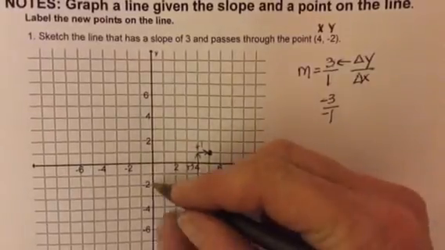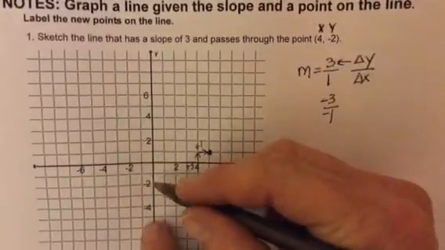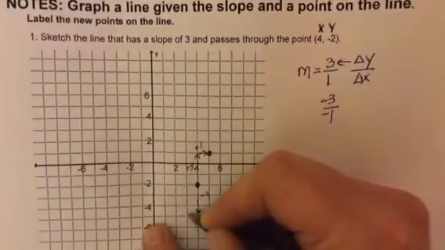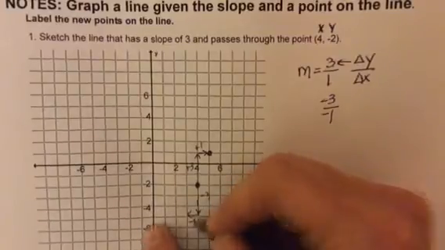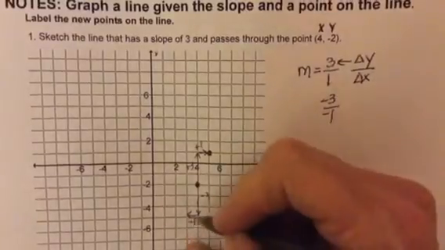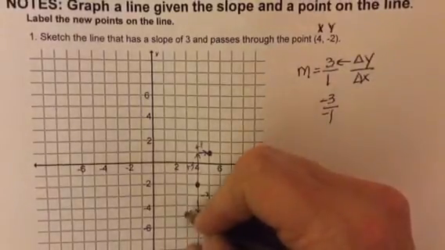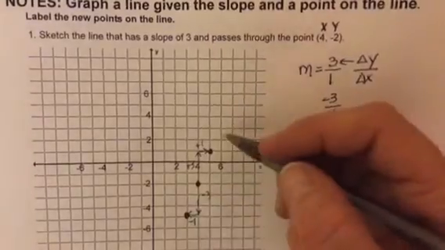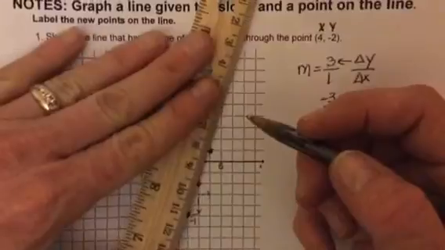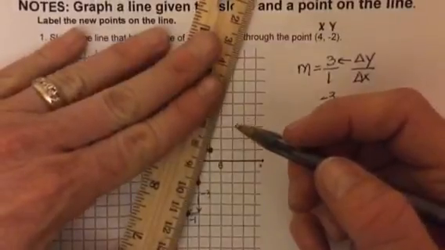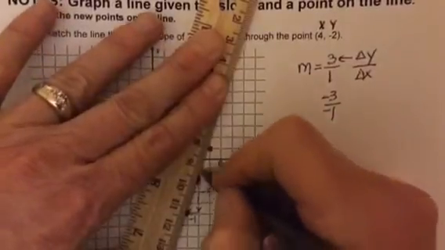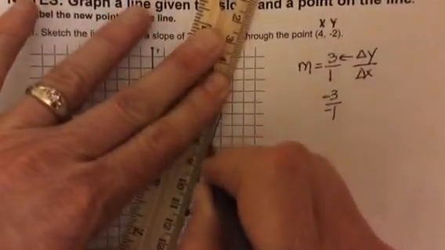We've gone from -2 down to -5. And then after we go down 3, now we go left 1, because -3 over -1 is the same thing as +3 over 1. That gives us this point right here. Now we've got 2 extra points, and that shows us that through our point (4, -2), we have this line.